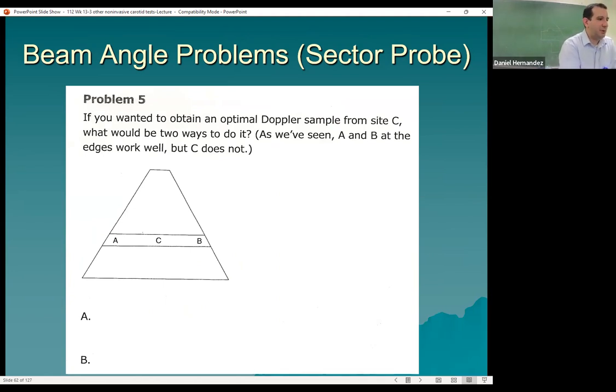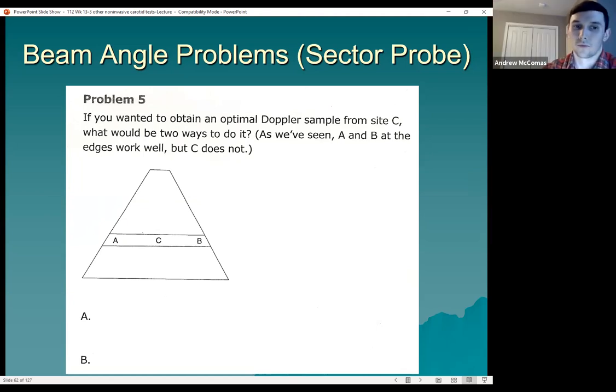On to an optical Doppler waveform from site C. What would be two ways to do it? You've seen A and B. If we want to get a good angle, if we want to Doppler at C in the middle there, rock the probe.